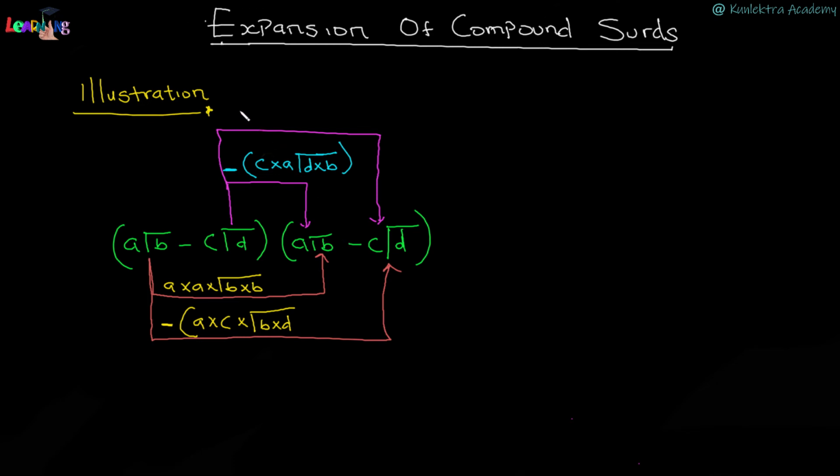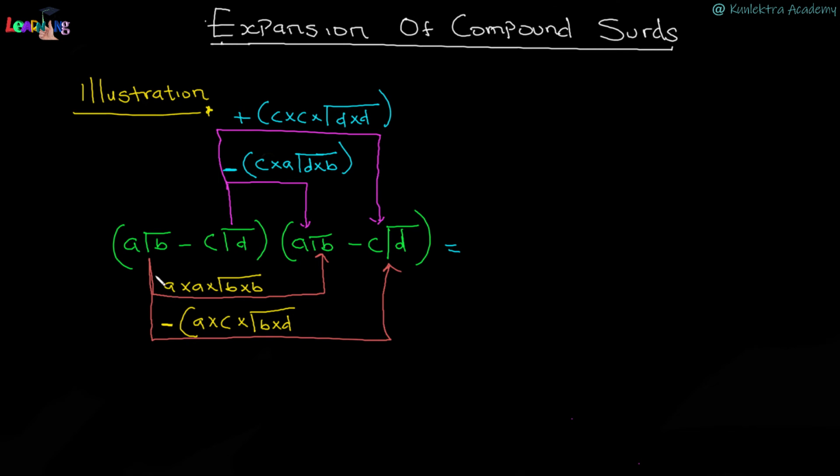Minus times minus will be what? Plus. Then you have c times c, the whole number, c times you bring in the root, d times d times d. Now it's equal to, now let's bring them one by one into their proper place.